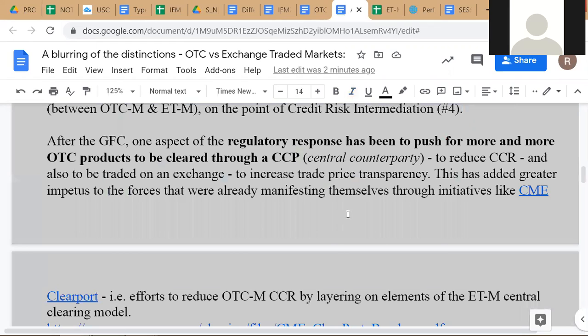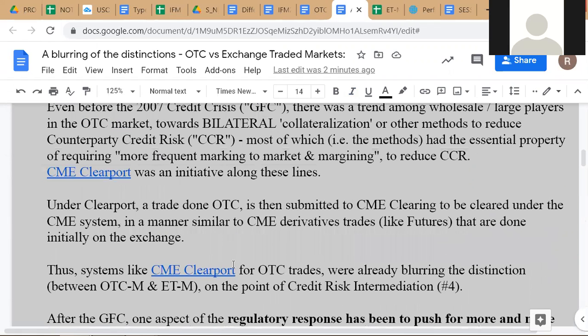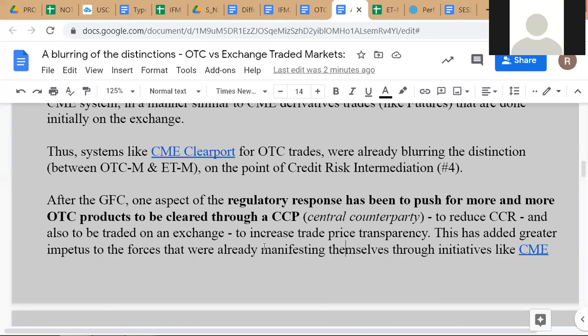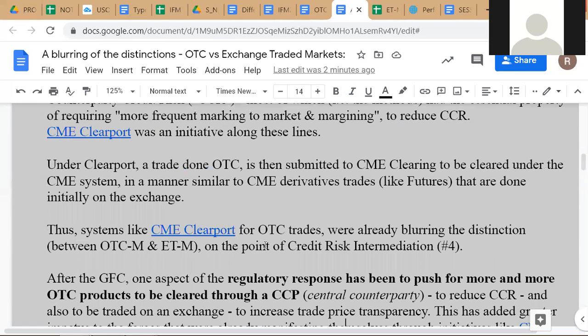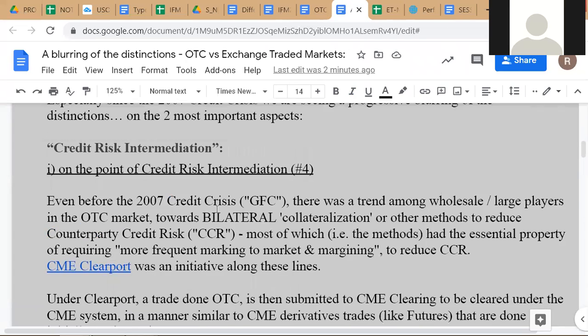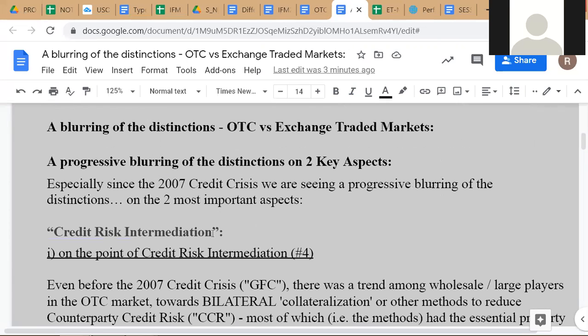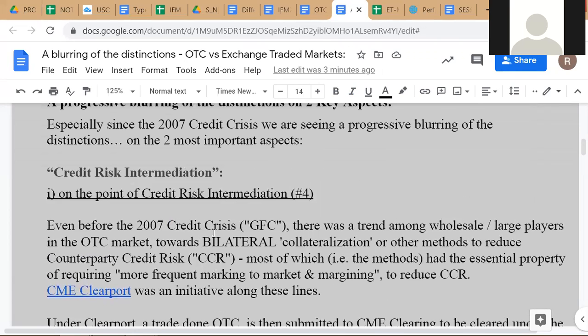And this has really been driven by the losses that happened during the GFC, and so the regulators don't want to see that again, and that's why they're pushing for standardized clearing through a CCP for standardized products. Okay. The other point I wanted to mention here is that there is a blurring of the distinction between OTC and exchange traded on two points.